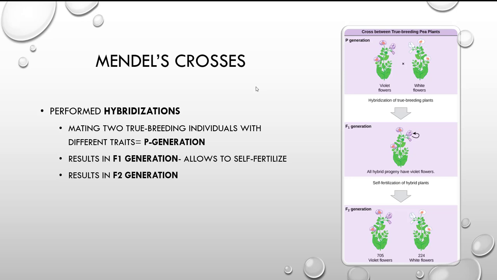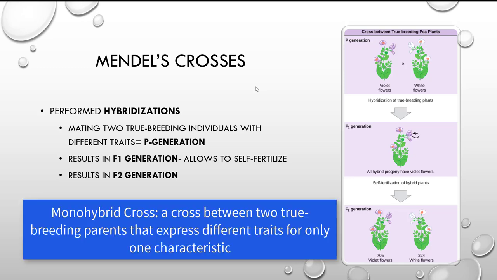He performed what are called monohybrid crosses. Mono means one, and hybrid is basically crossbreeding. He mated two true breeding individuals with different traits. Here's an example of a monohybrid cross. He took one true breeding variety of a violet flower and crossed it with a white flowered true breeding variety.